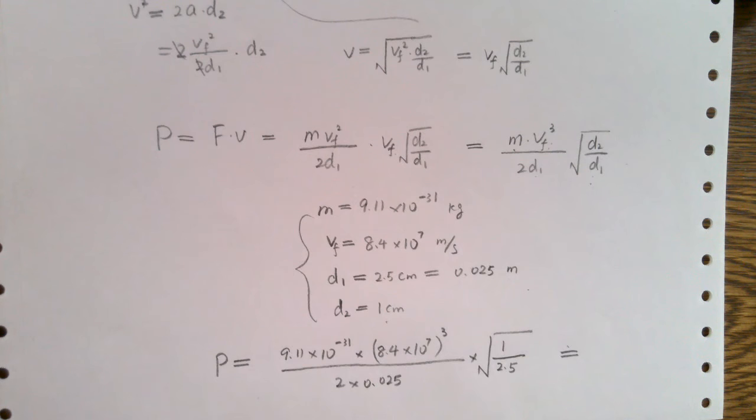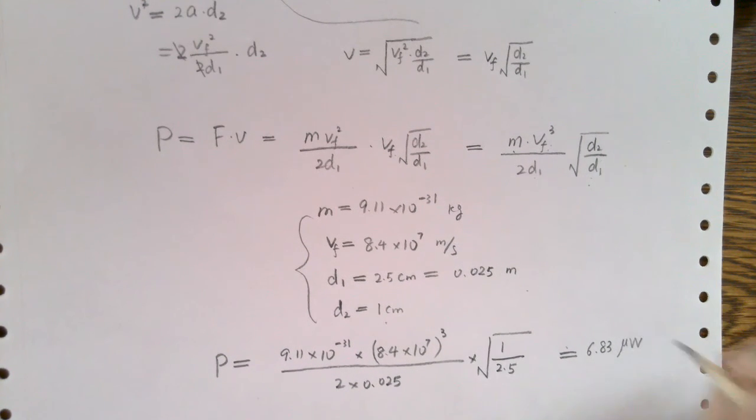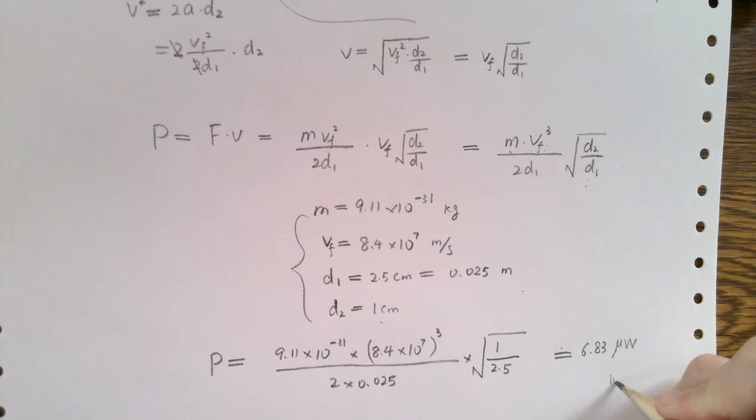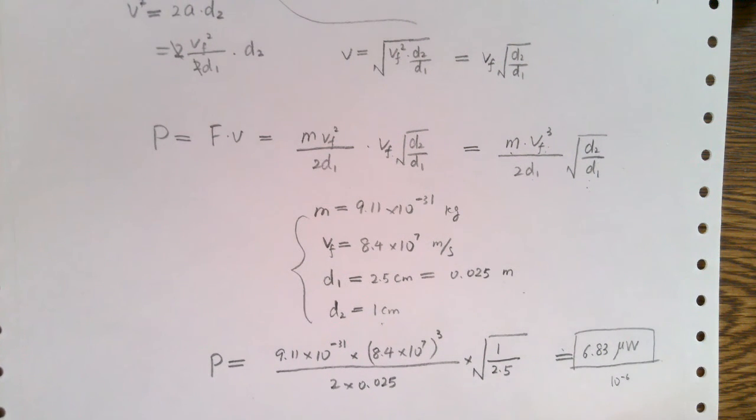The textbook gives us, go to page 951, and for problem 79, the answer is 6.83 microwatts. Micro here means 10 to the negative 6 power. Yes. Okay, so do the calculation. We should be able to find this value here.